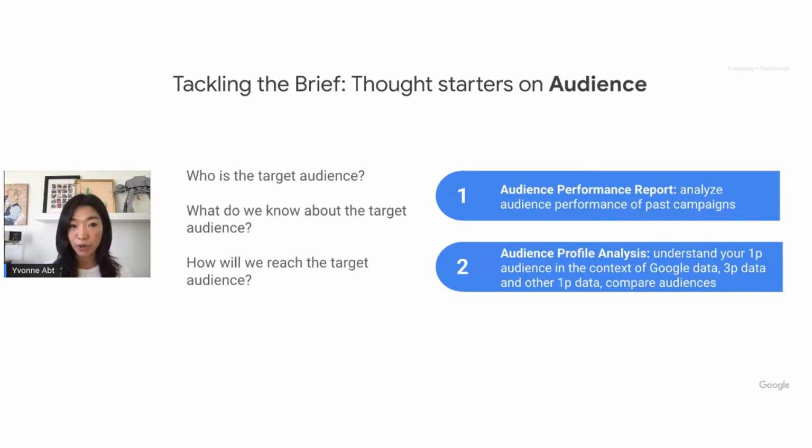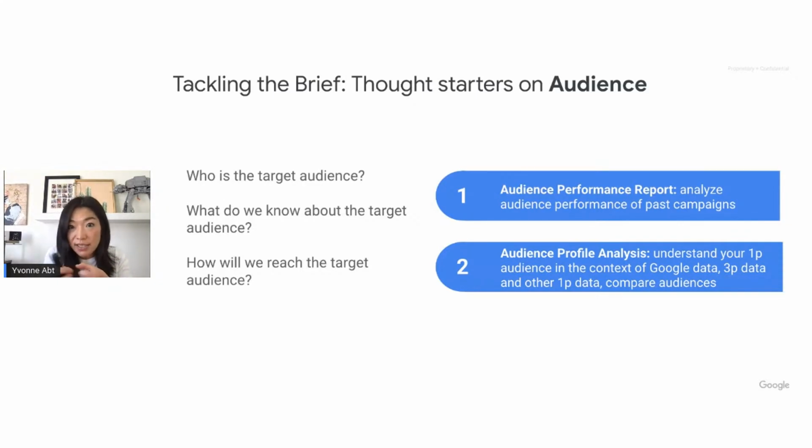A second type of report is called the audience profile analysis. Again, this is available inside DV360, and this is really powerful if you don't have a lot of historical campaign data as described in the first scenario. With the audience profile analysis, you start with a seed list. For example, a first-party audience list that you might have gotten from your client.